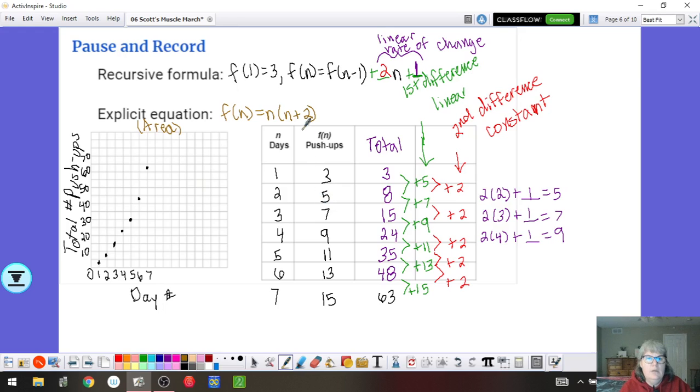And we can distribute this. n times n is n squared. n times 2 is 2n. And this is our explicit equation. Again, thinking in terms of area.